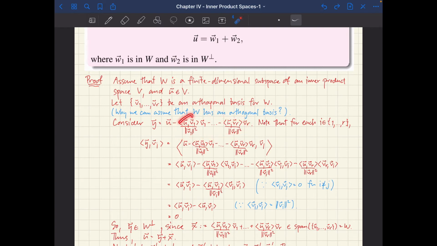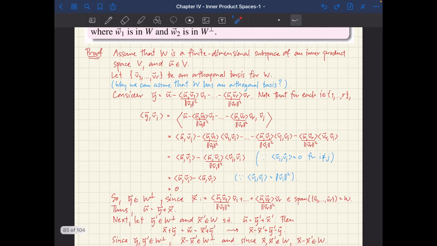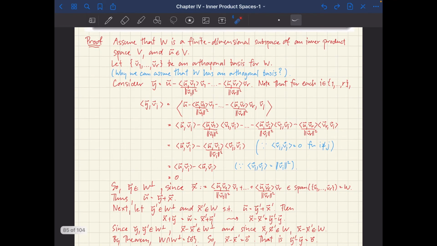It comes from W, so we need to find some vector in W. If we set y to be u minus this vector, then the inner product of y and vi is equal to 0. We will use the properties of the inner product, so it's not hard.